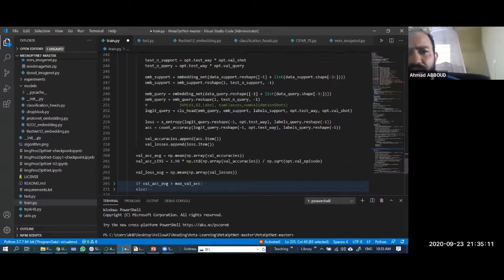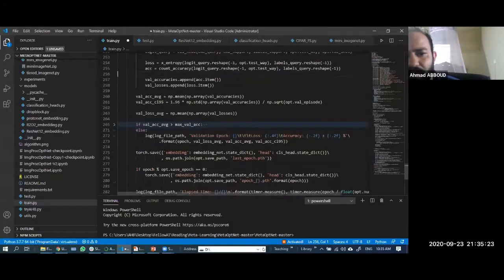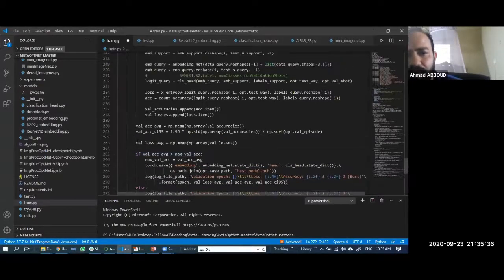We load the embedding support, the embedding query, and the logit query, and we get the losses and the accuracy. If we have a better model, we will save it. At each epoch, we compare the models, and the best model will be saved as the best model. This is the training epoch.